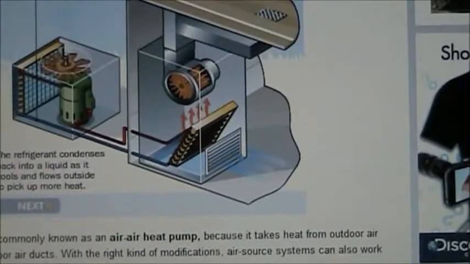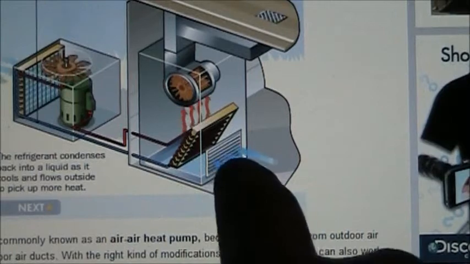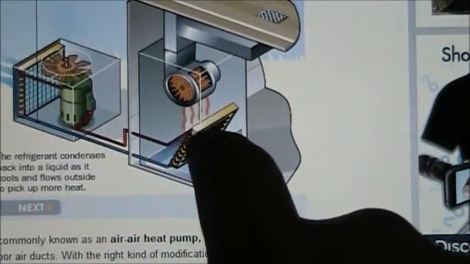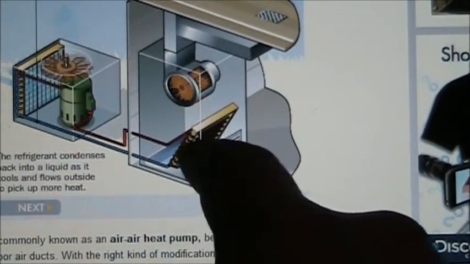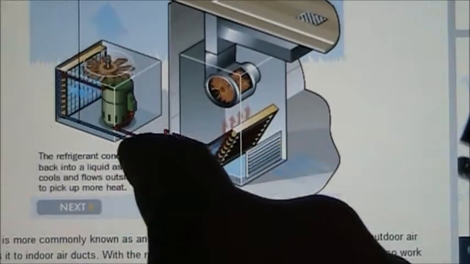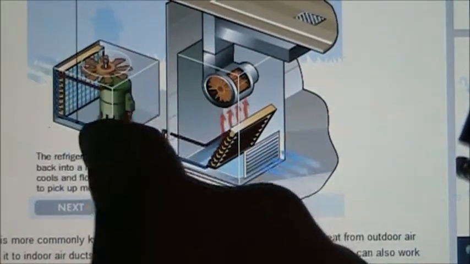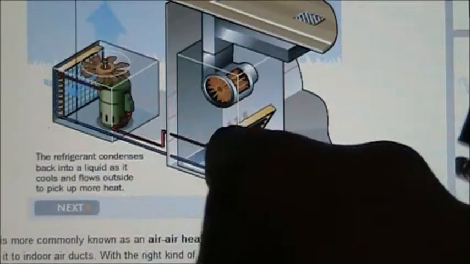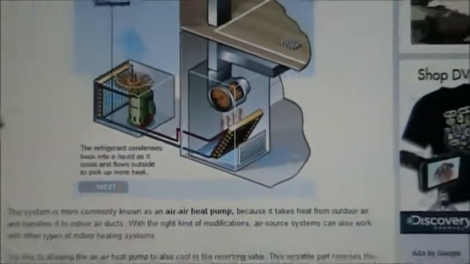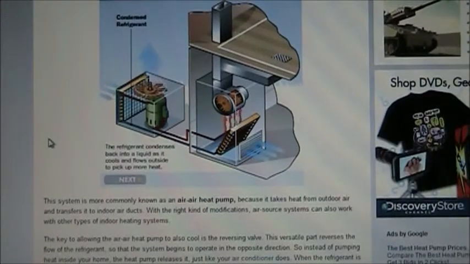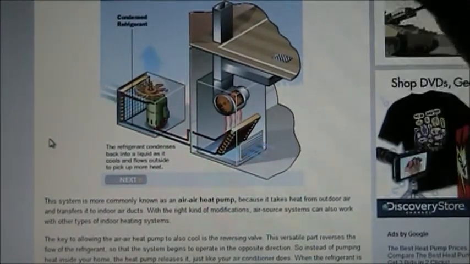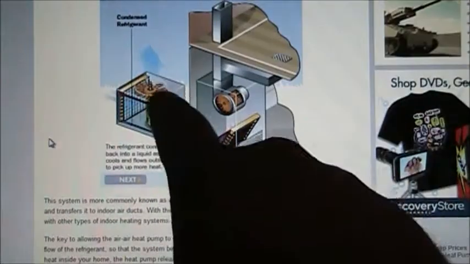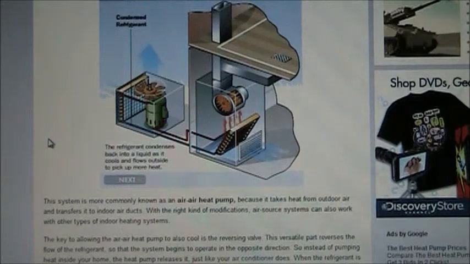So now you can see the air being pulled in from the house, being heated, and as the refrigerant goes to this, it's condensing back into a liquid, and it is pumped back out to the condenser heat pump unit, where it can collect more heat, and then it transfers back inside, and the cycle repeats, just like I said with the air conditioner. Basically, a heat pump running in heat mode is air conditioning the outside. That's why the outside unit of a heat pump blows cold air when the unit is running in heat mode.